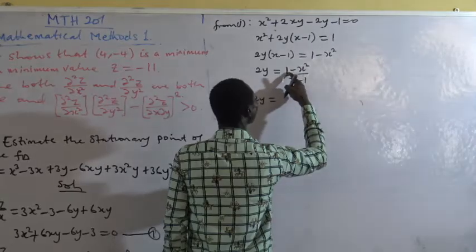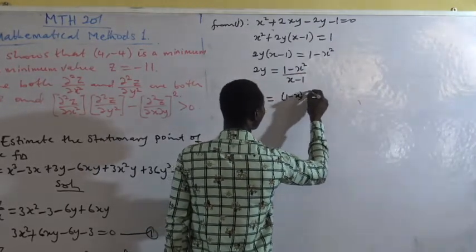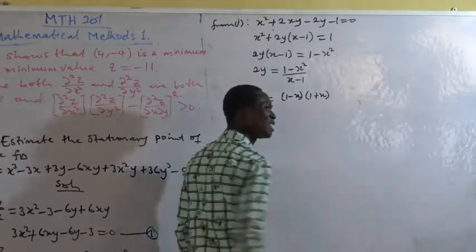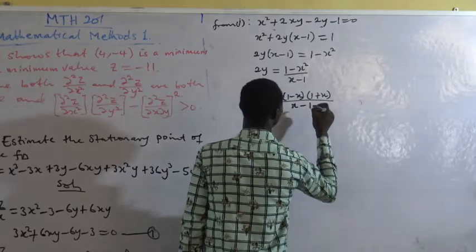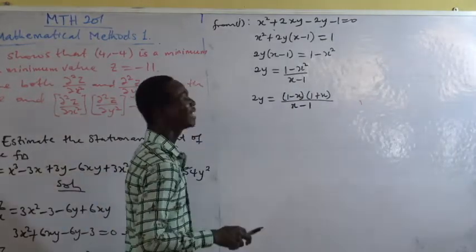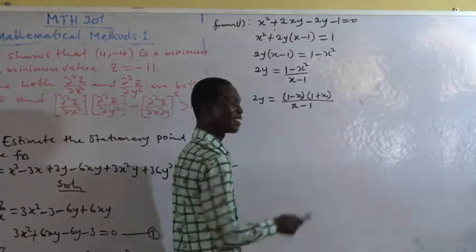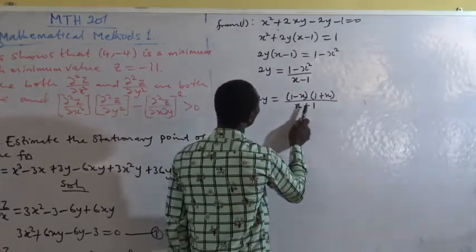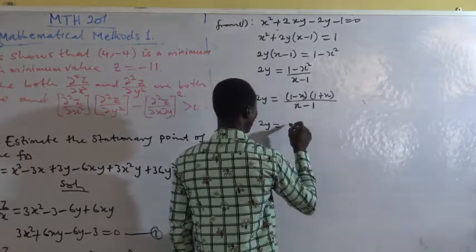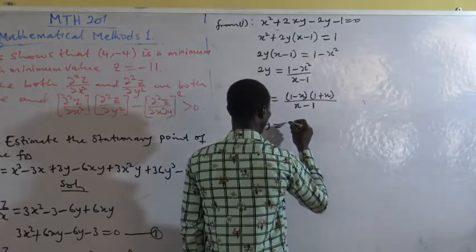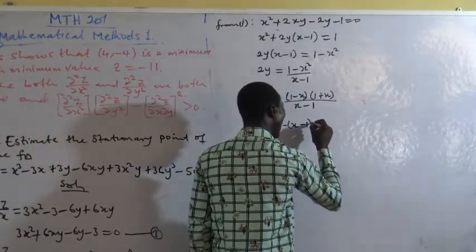1 minus x squared can be written as 1 minus x times 1 plus x, a difference of two squares, over x minus 1. I want to restructure this to fit this denominator. I now get 2y is equal to minus x minus 1.